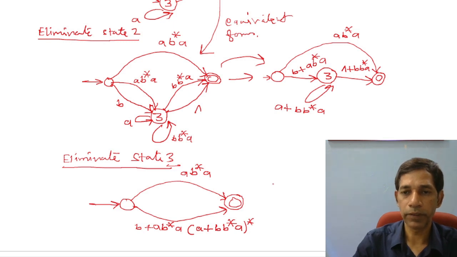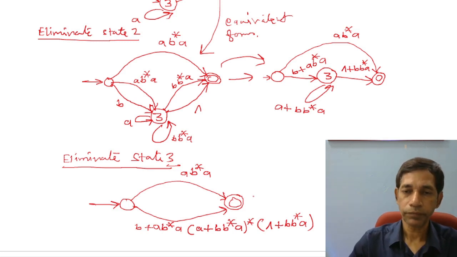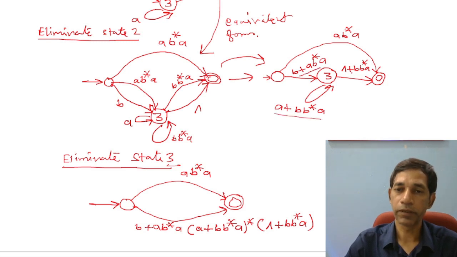Then you have to concatenate with the label, which is null plus B star A. So once we have eliminated state 3, meaning once you have bypassed state 3, we have the direct edge from the initial state to the final state, and the label of this edge is, we have to go for the concatenation: this, then this Kleene star, and then this.